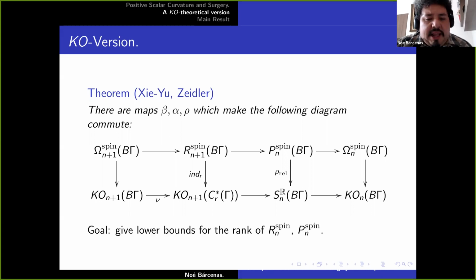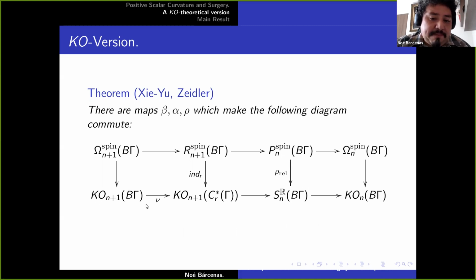And then with Nu, I designed what I will call the Novikov assembly map. So this is kind of an assembly map for KO theory, completely analogous to the complex Baum-Connes assembly map.